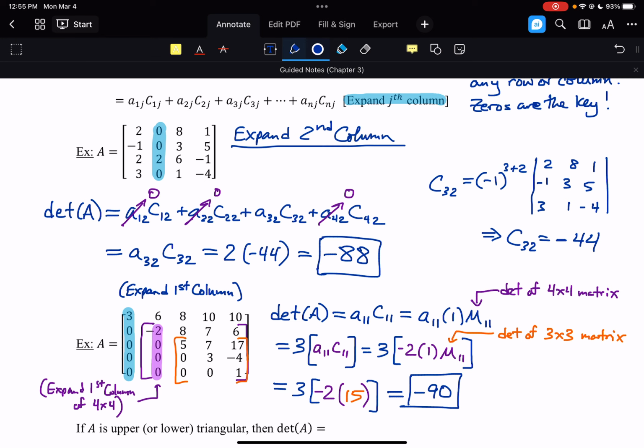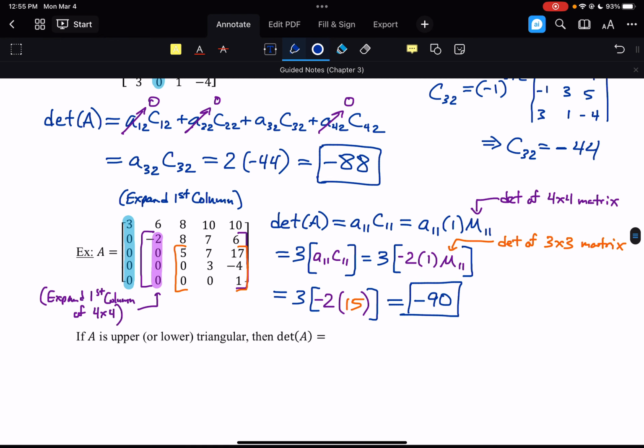It turns out when you have special matrices that you're working with, notably square matrices, if the matrix is upper or lower triangular, we can compute the determinant much more simply by taking A11 times A22 times A33, etc., all the way down to ANN.